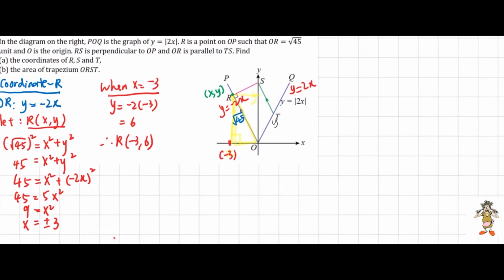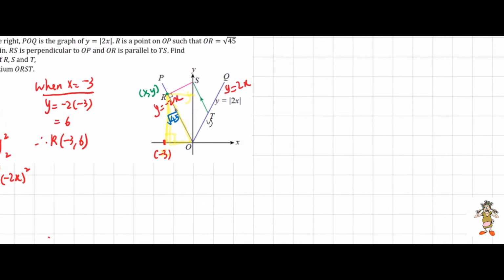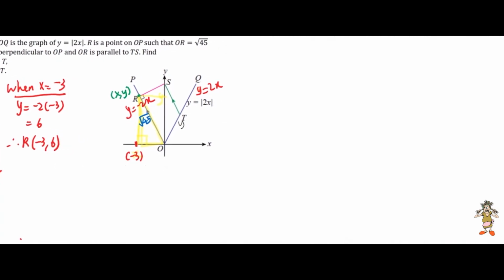Now we proceed to coordinate S. Let me write down the coordinate of R first. Our R coordinate here is negative 3 and 6.